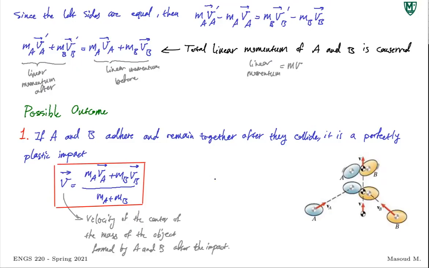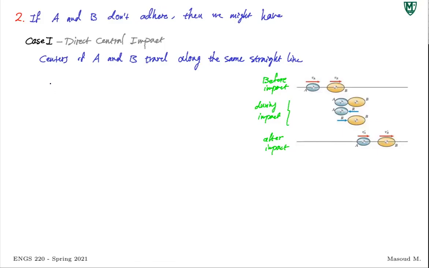MA VA plus MB VB, vectors, is equal to MA VA prime plus MB VB prime. Now, as I said, the question here is we want to find what are the velocities after.